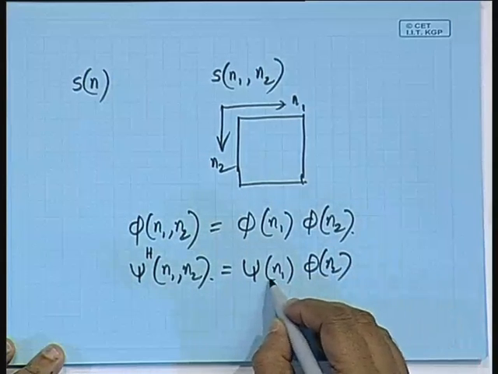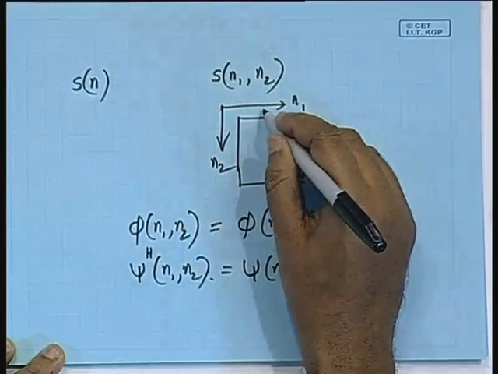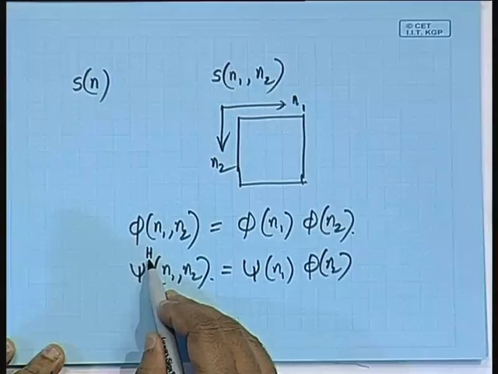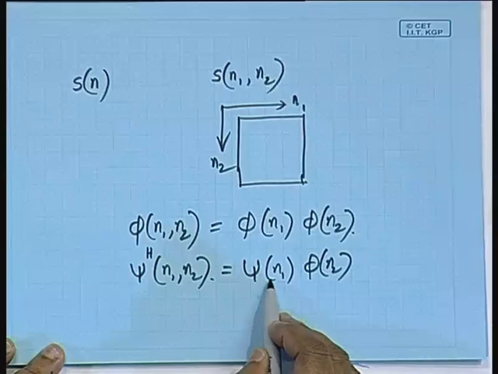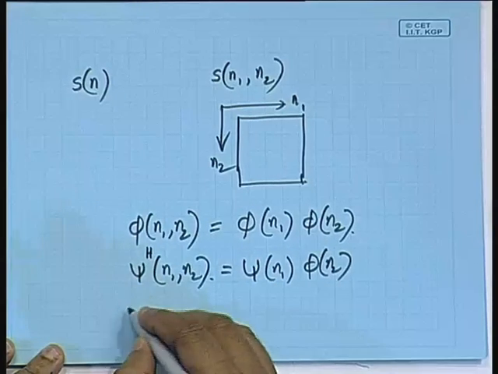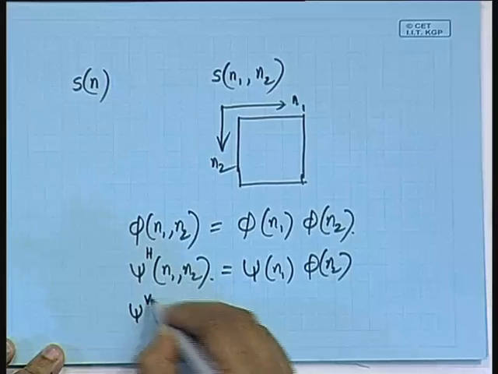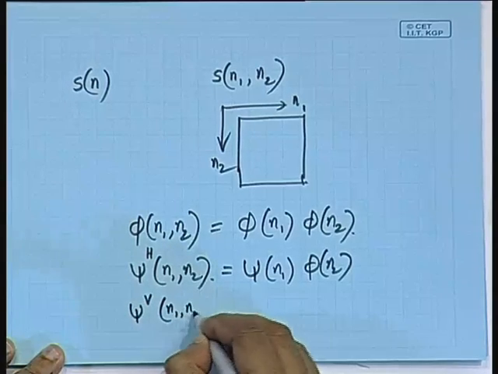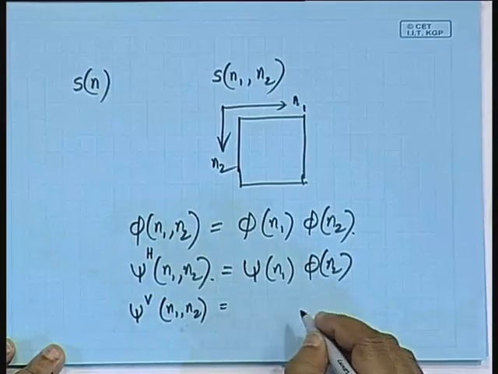So, along n1 it is high pass filtered, so we write it as psi h, along horizontal. Horizontally it is high pass, and then I define another filter, psi v n1 n2. What should it be?